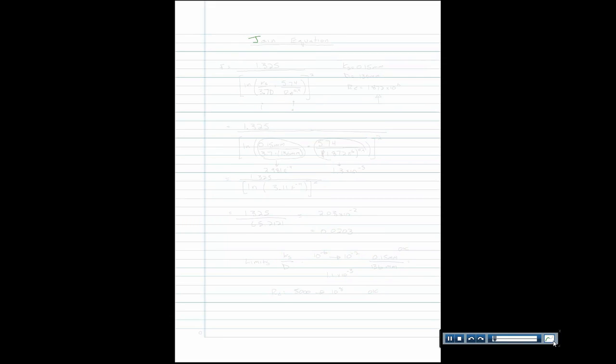This example has to do with the Jain equation. The nice thing about the Jain equation is it's explicit. Unlike the Colebrook equation, which is implicit, meaning that the F value we're trying to solve is on both sides of the equation, the F value in Jain is only on the left-hand side. So I'm writing the Jain equation here.